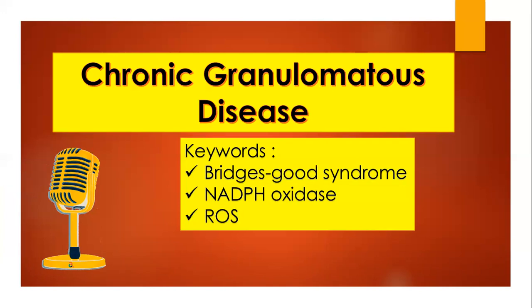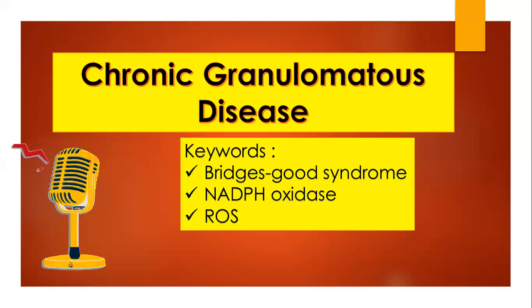So what is the purpose of this ROS, or the reactive oxygen species? These are key molecules in the destruction of microbes. So they are the key molecules for phagocytosis, for the destruction and killing of microorganisms.